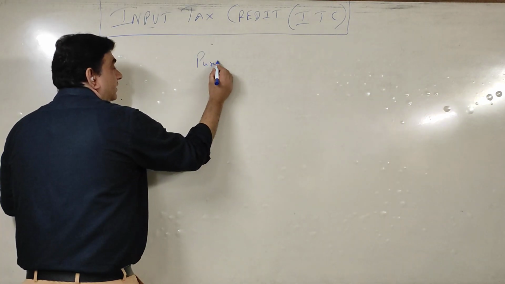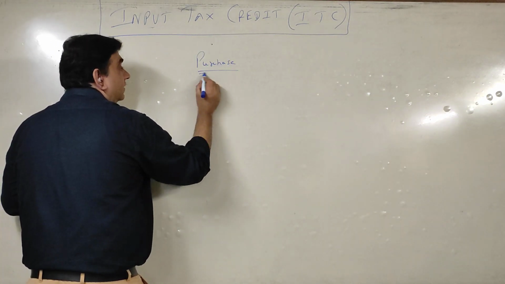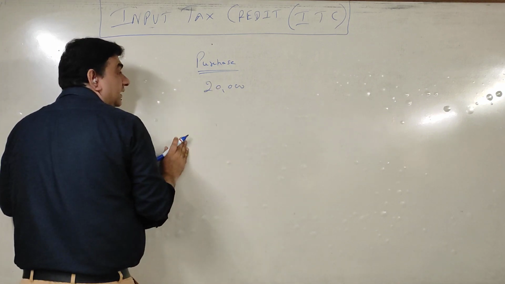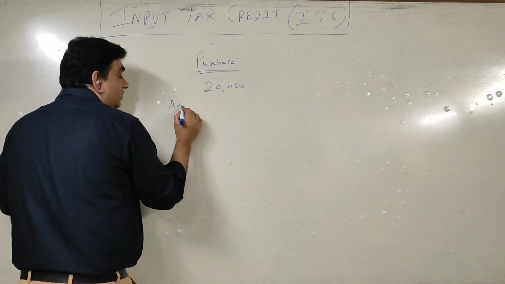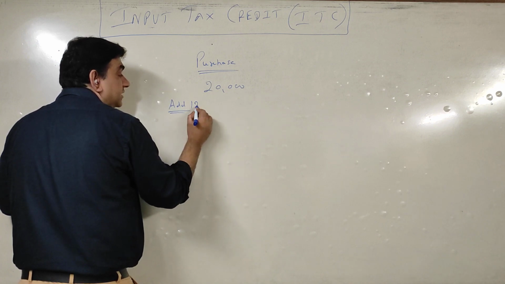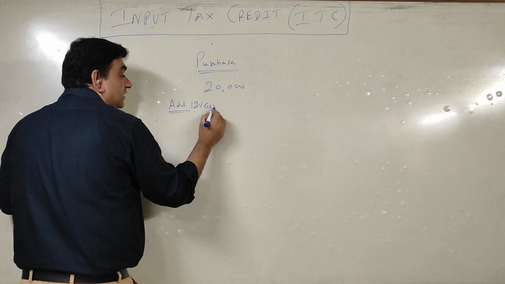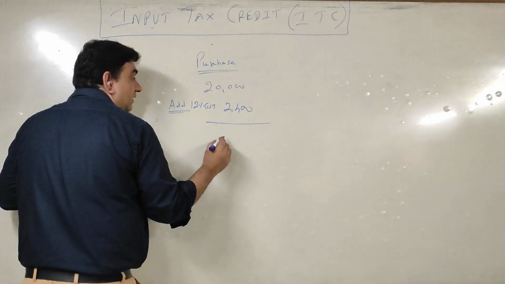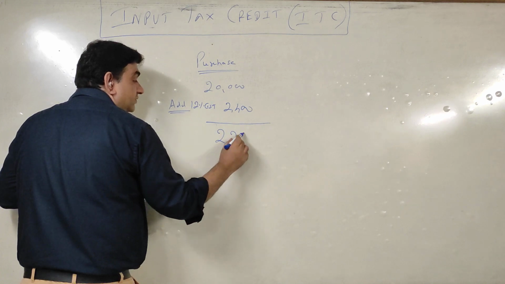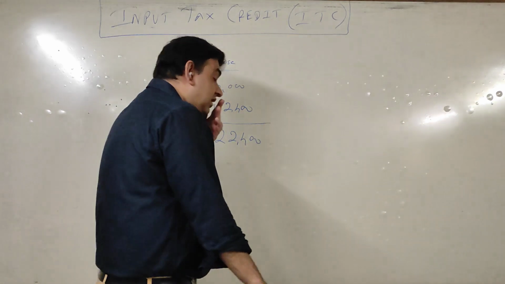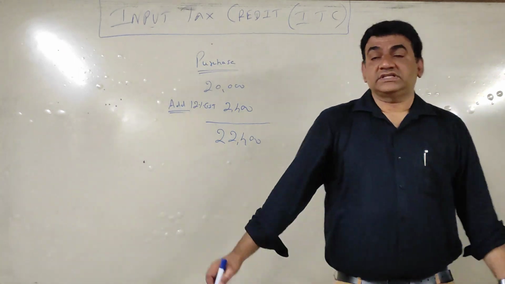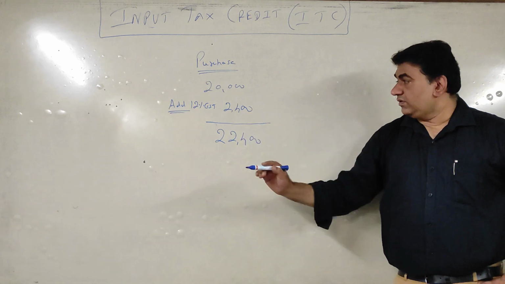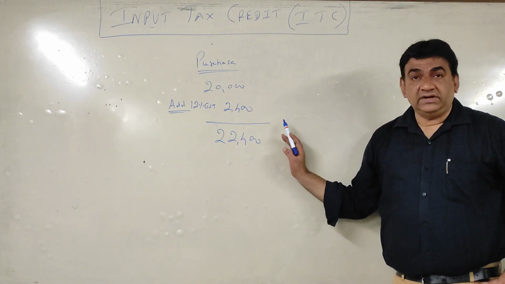Okay, you are purchasing goods. The basic value of goods is say 20,000. You are purchasing from a registered dealer who is going to charge you 12% GST. 12% of 20,000 gives you 2,400. So you will pay the seller a total of 22,400. Now what will the seller do?